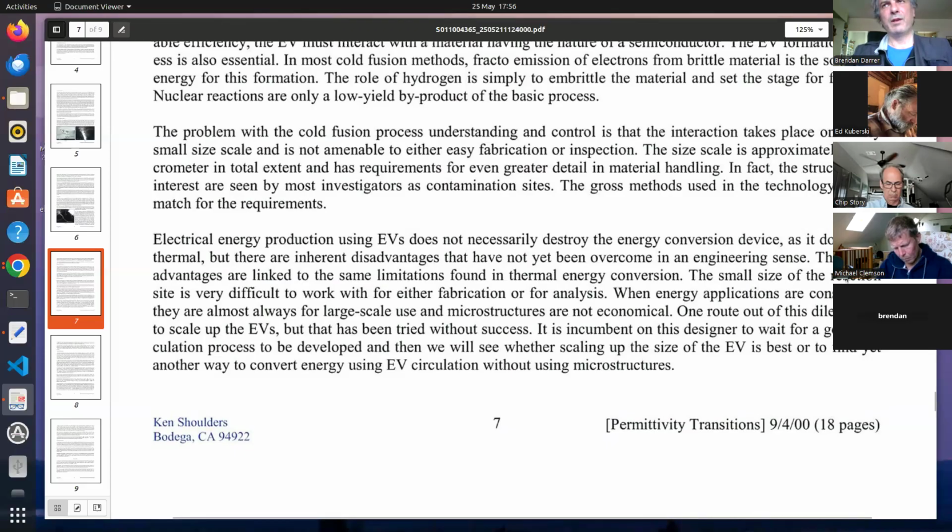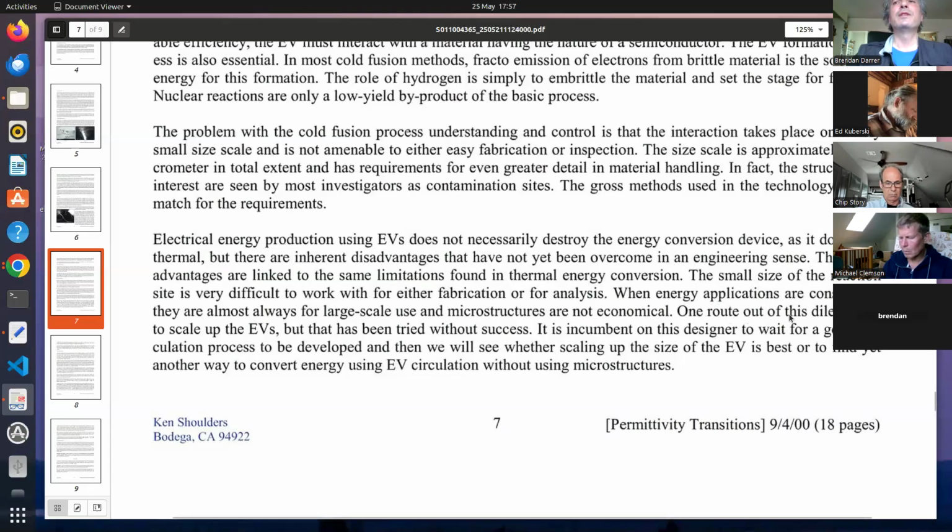Small size of the reaction site is very difficult to work with for either fabrication or for analysis. When energy applications are considered, they are almost always for large-scale use, and microstructures are not economical.